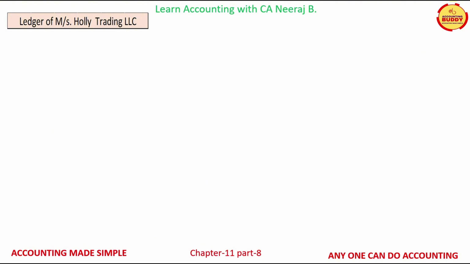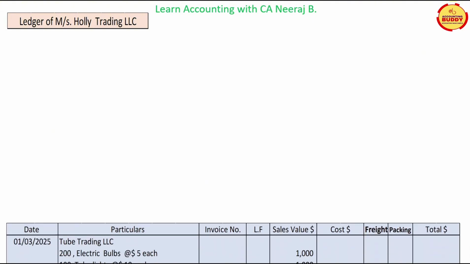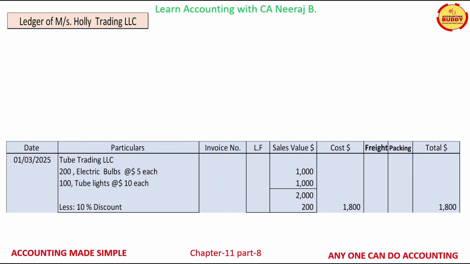Let us now learn the posting of sales book transactions to the ledger account. Abstract of the sales book is displayed on your screens. On 1st of March 25, Holy Trading LLC sold electric goods to Tube Trading LLC on credit for $1,800 after deducting a trade discount of 10%.